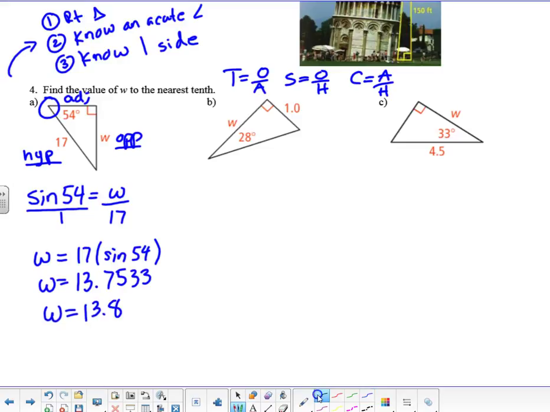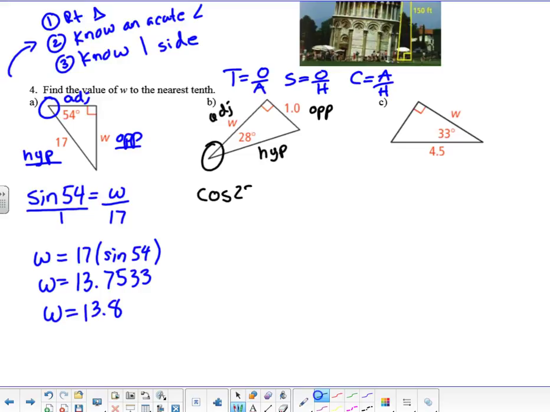Okay, and B, I'll use a different color to separate it here. This is our hypotenuse. This is our angle. That means W is our adjacent, and that means 1.0 would be our opposite side. So now we're looking for the adjacent, and we know the hypotenuse. That's a cosine question.